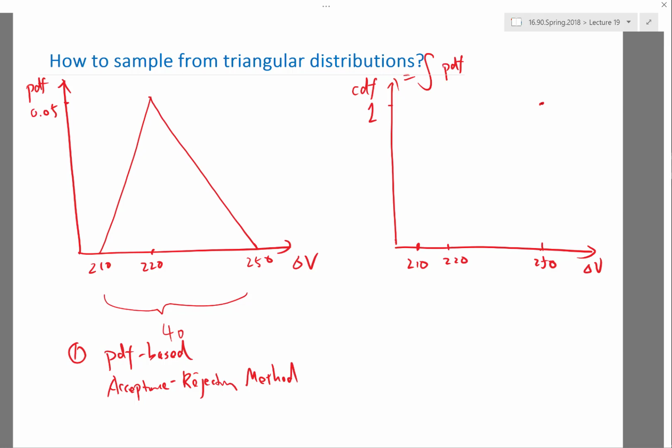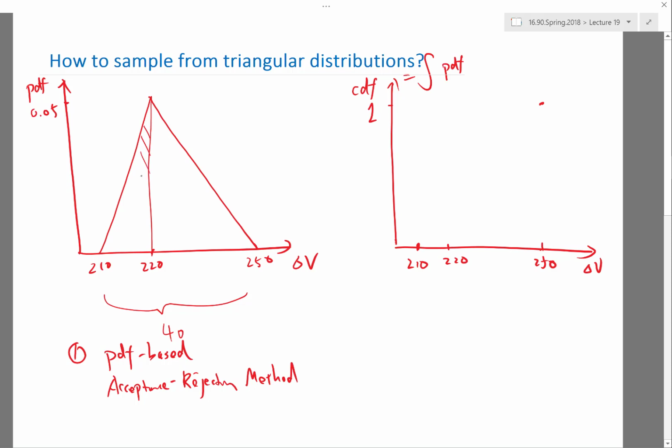But in the middle, what do I know? I know I'm going to have a piecewise parabola. Particularly at this end of the parabola, my slope should be the same as the height of the PDF, which is 0, so I should have a 0 slope over here. Also, when I'm over here, again, I should have a 0 slope. And in the middle, the value of the CDF should be the same as what?